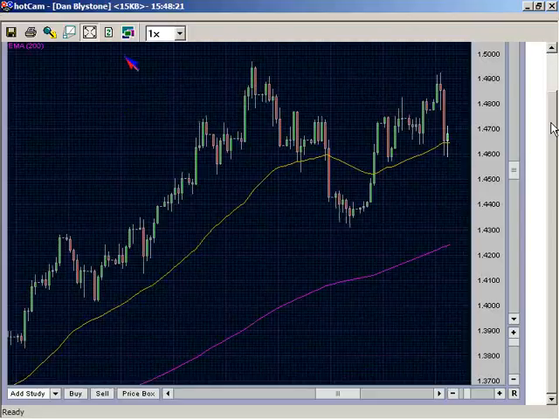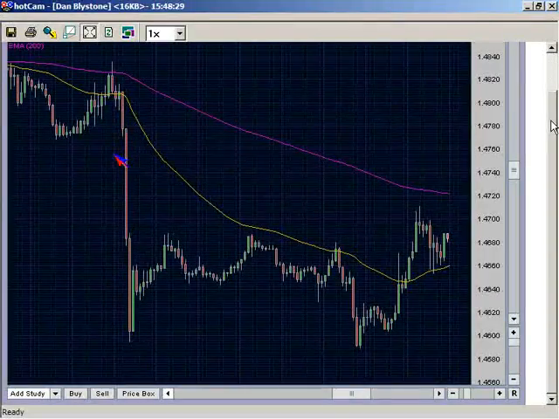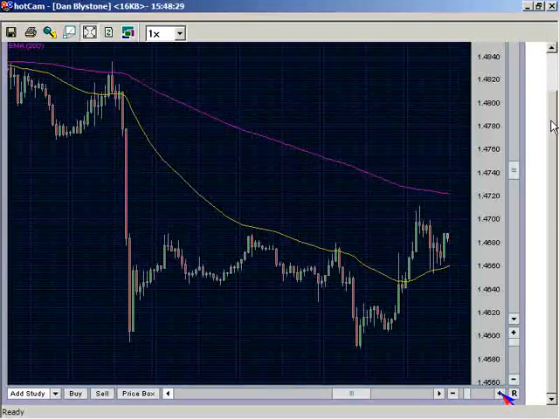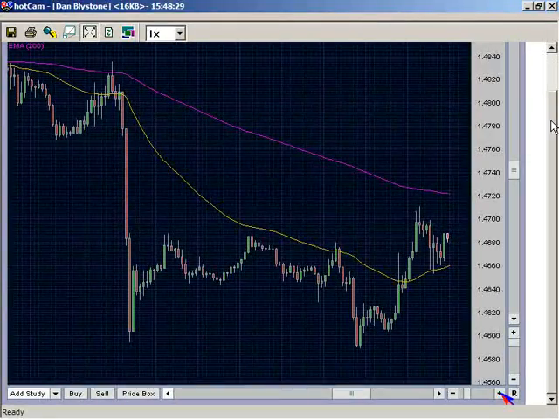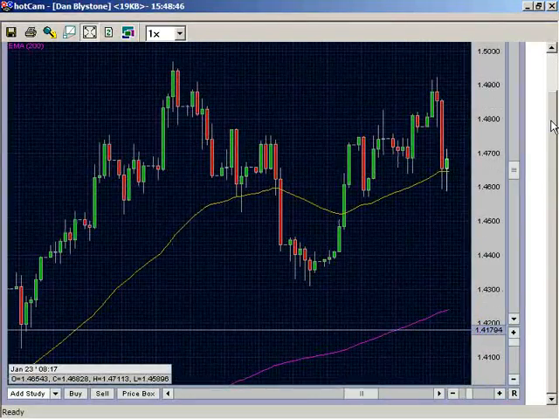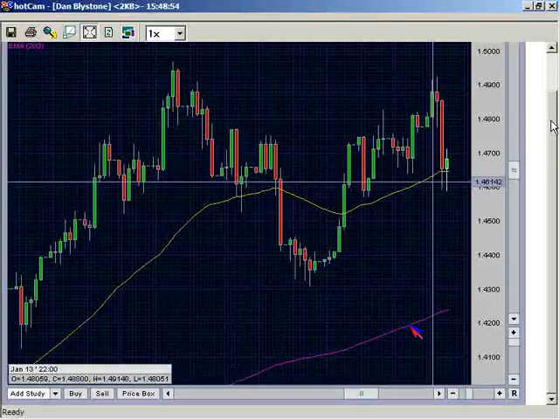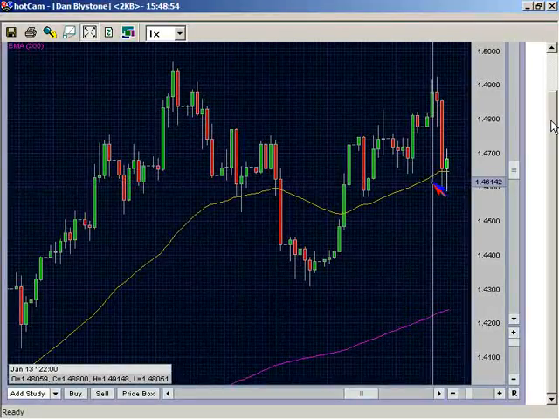Change the time frame there a little bit. So we haven't actually had a trade signal in the euro for a long time. And it doesn't look like we're going to, because we've got a pretty nice uptrend going on in the big picture. We can see these moving averages nice and far apart, which indicates that we're in a pretty strong uptrend.